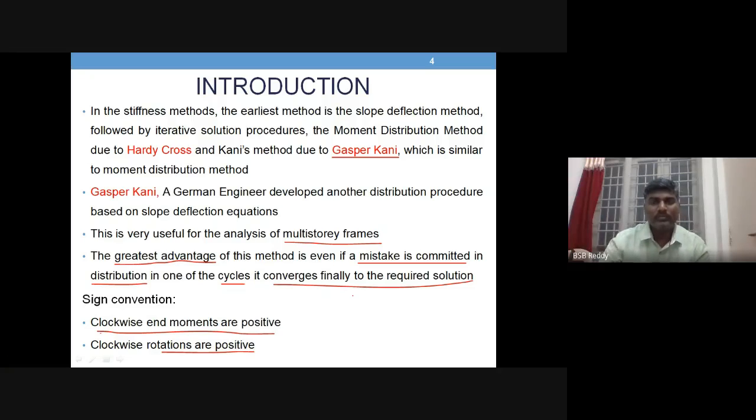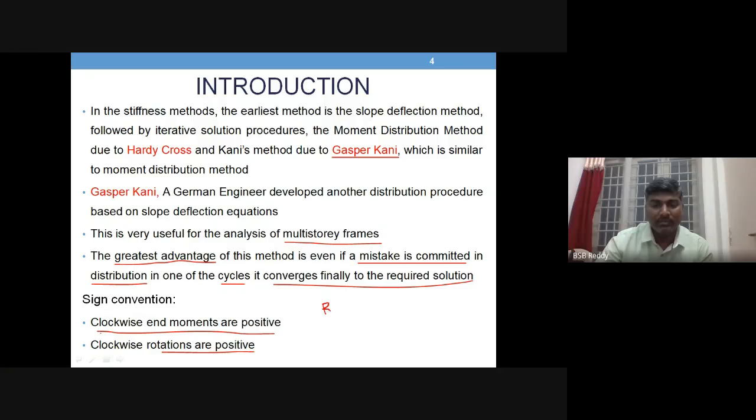This is very similar to the earlier moment distribution method, but the difference is that there we distributed the total joint moment to the members, whereas here rotation contributions are to be calculated. That's why the other name of Kani's method is the rotation contribution method.